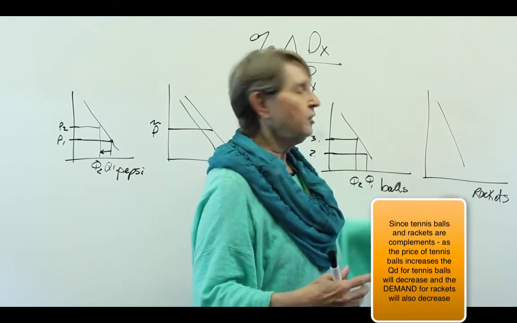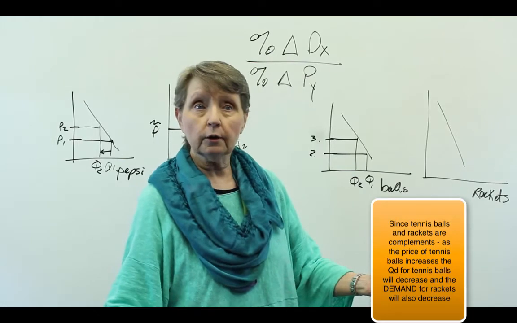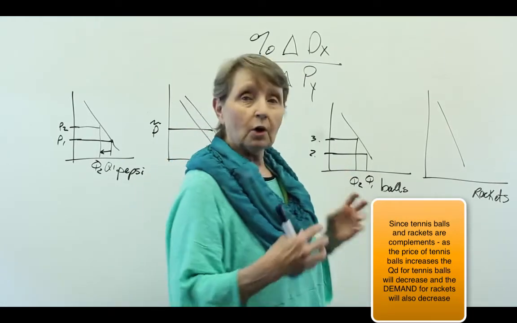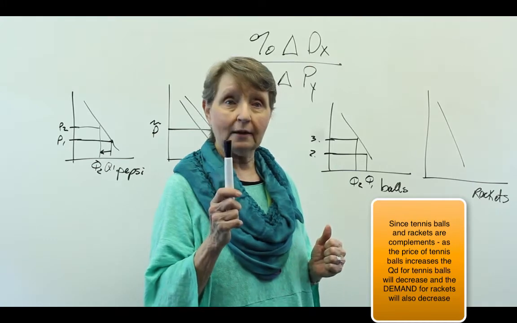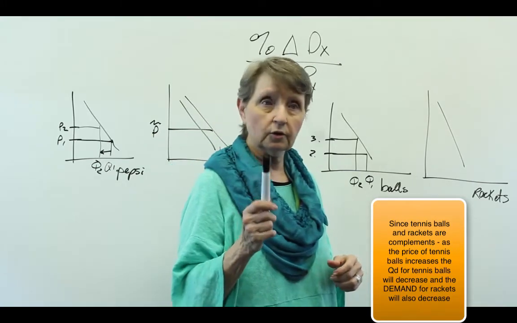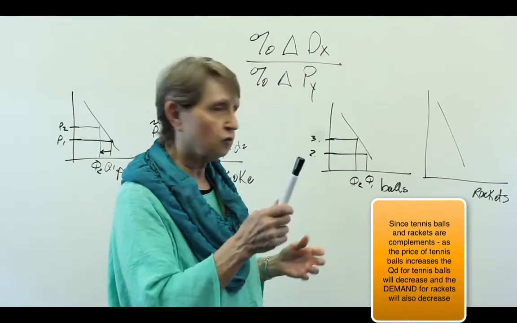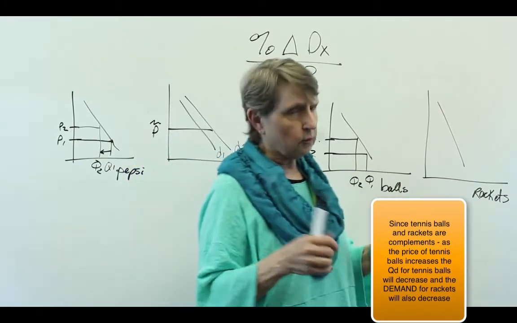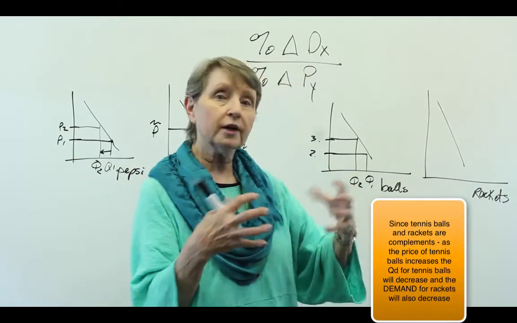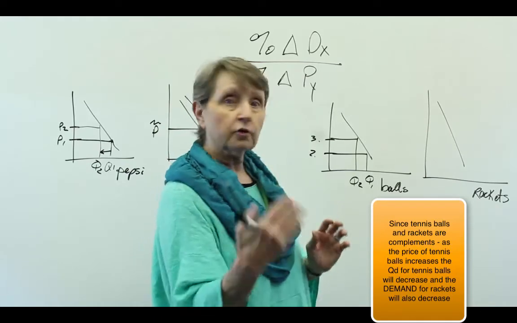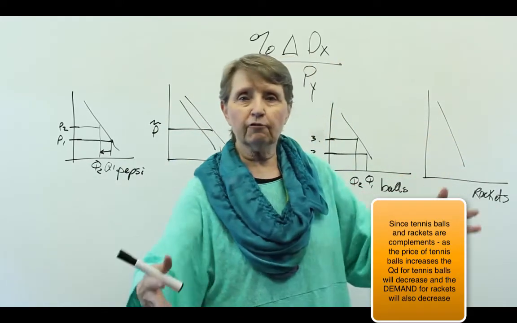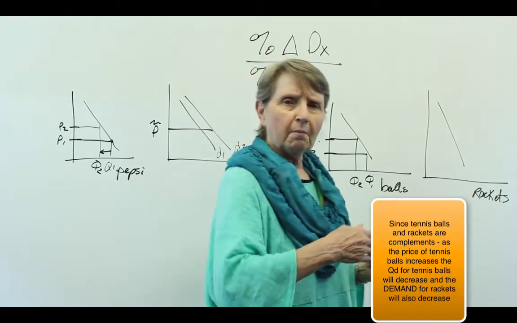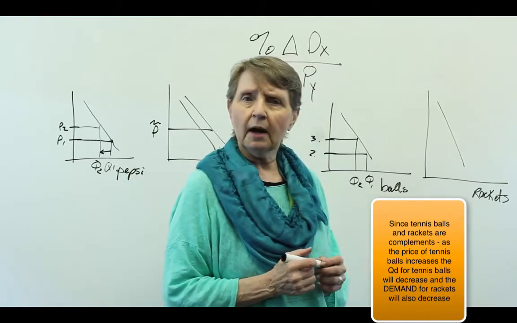I mean, if you originally replace your racket every year, then what will happen is you will treat your racket with more respect when it doesn't do what you tell it to do. Instead of throwing it, you'll just talk to it and say, you know, you shouldn't have done that. You'll have your racket restrung more often. You'll have the grip rewrapped. And instead of replacing your racket every year, you'll make your racket last 18 months.